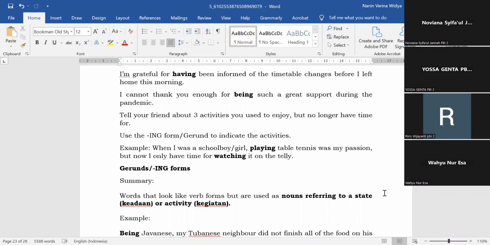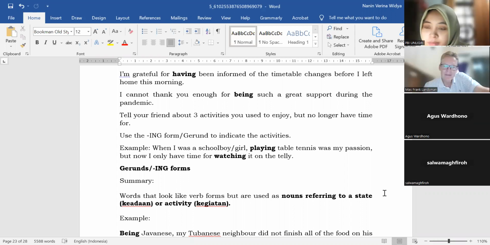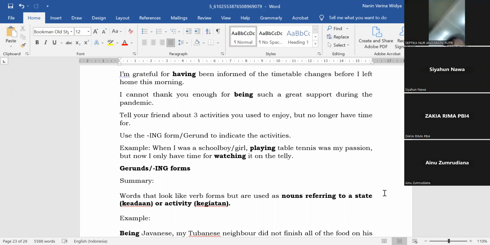Okay. Well, we've got a few more exercises to do, so we really need to fill in this example. Zakia, tadi saya lihat nama Zakia. Yeah, Zakia. Could you do a sentence?